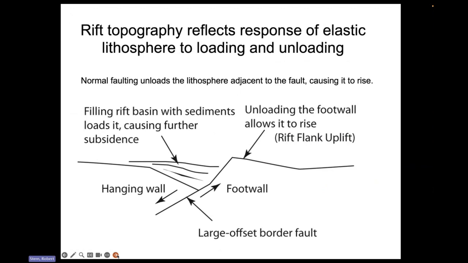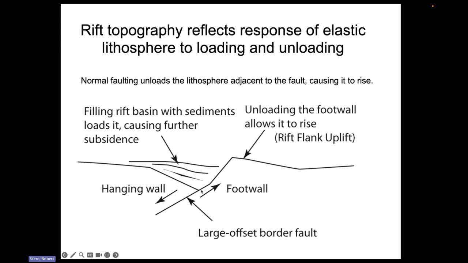All right. So the rift topography reflects the response of the elastic lithosphere to loading and unloading. So normal faulting unloads the lithosphere next to the fault, causing it to rise. So if we look at this, here we've got the upper plate.